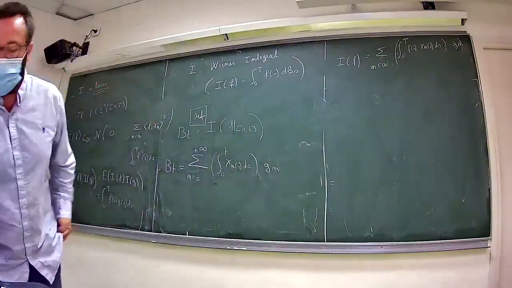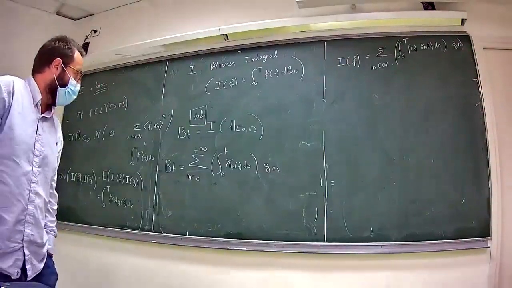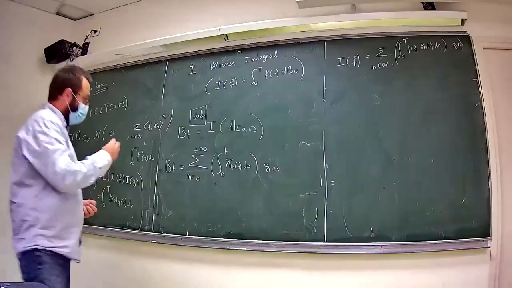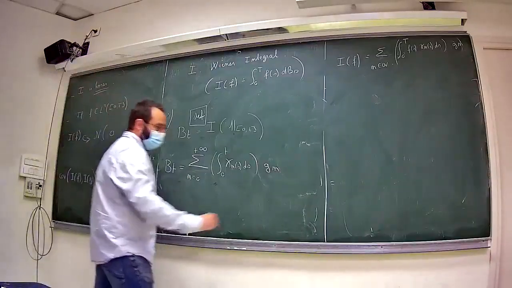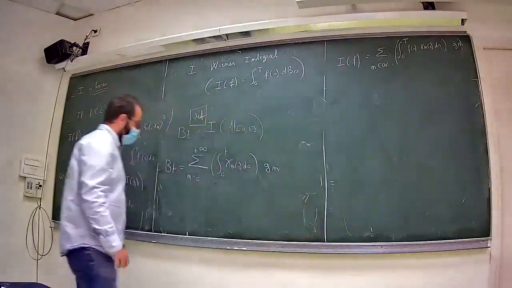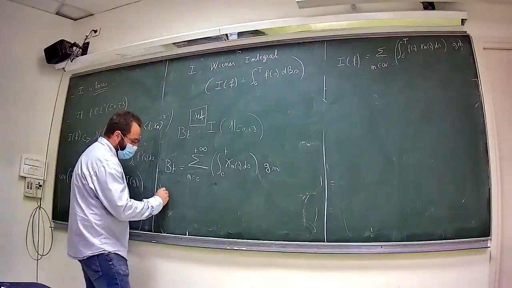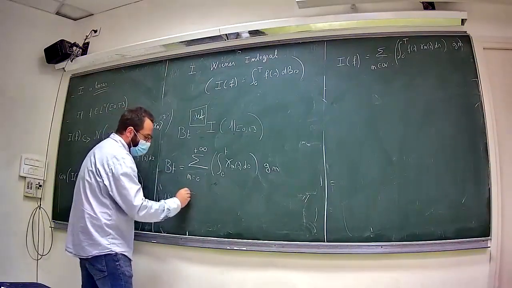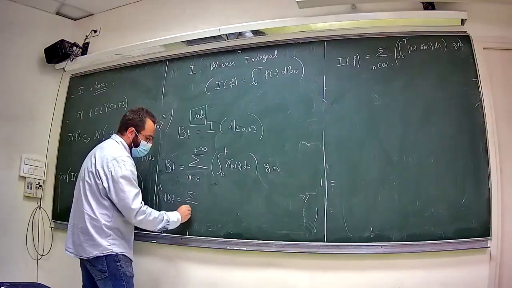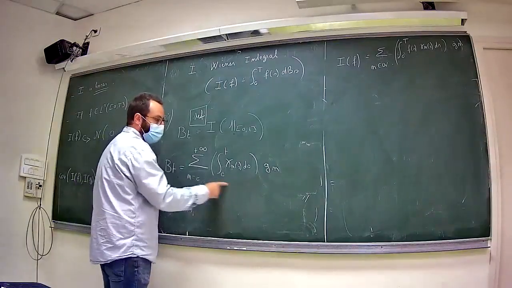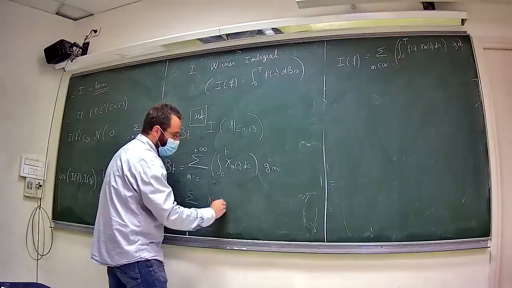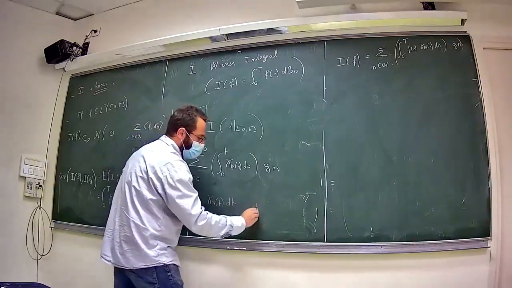So let's admit the following. I don't say that it is rigorous, but I write the following. I say that d of B_t from this formula, I write it intuitively as the infinite sum of what? I compute the derivative of this one, that is just e_n of t dt g_n.